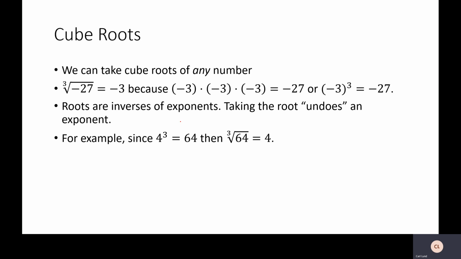We couldn't find the square root of -27. The square root of -27 doesn't exist as a real number. And remember, in finite math, we are considering only real numbers. We're ignoring imaginary numbers. So the cube root of -27 is -3, because -3 times -3 times -3 is -27. Or we could say the quantity -3 cubed is -27.